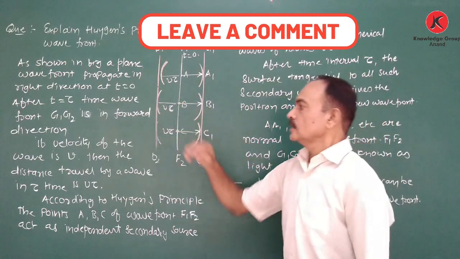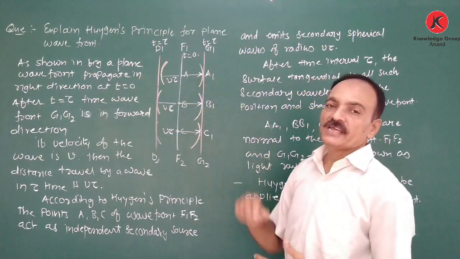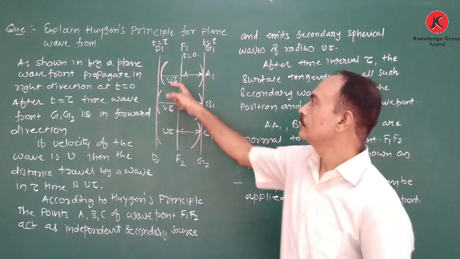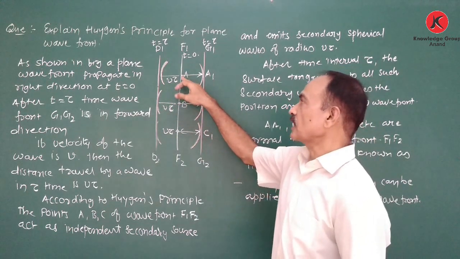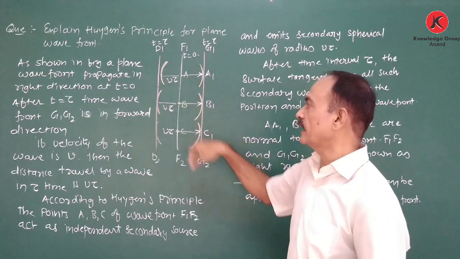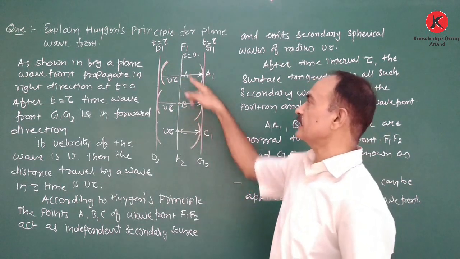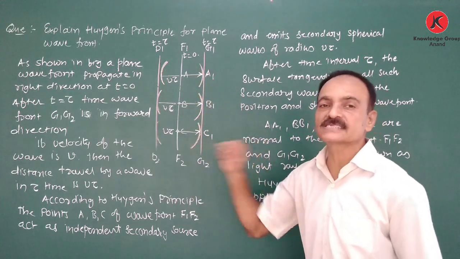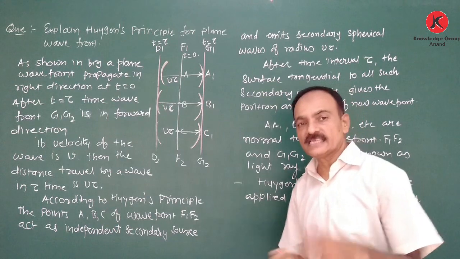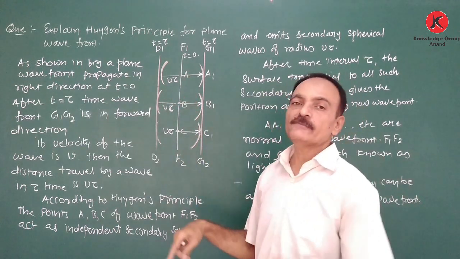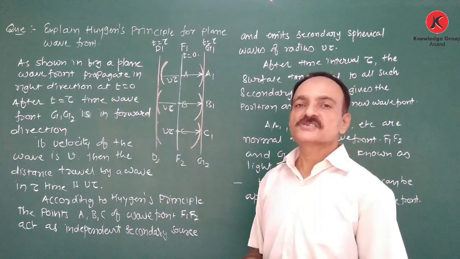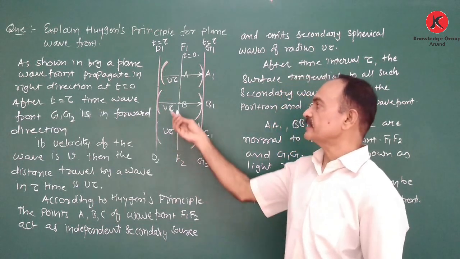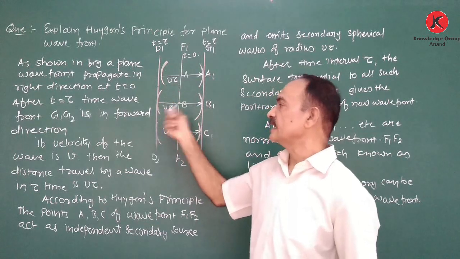Now, if the velocity of a wave is v in a given medium, therefore in tau time, what are the waves produced from A, B, C? Because according to the Huygens principle, all the points on the plane wavefront like A, B, C, etc. act as secondary sources and produce secondary spherical waves. This wave travels a distance in tau time of v into tau.